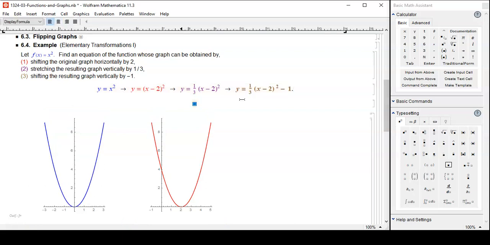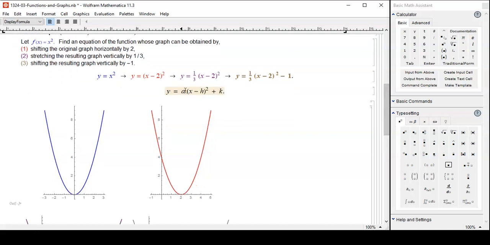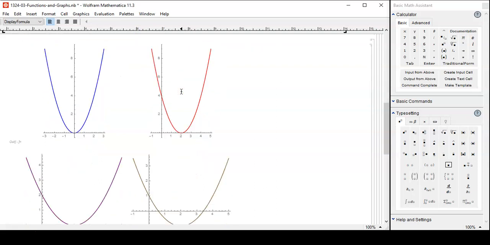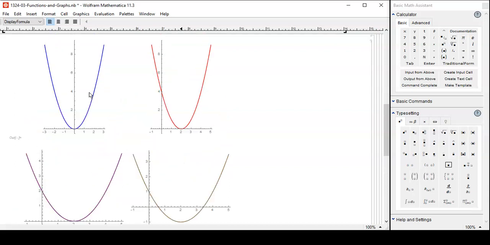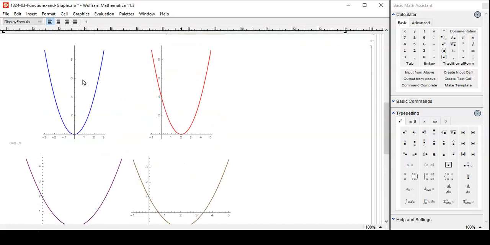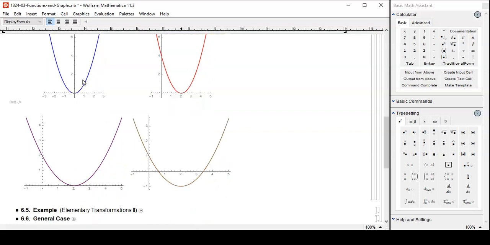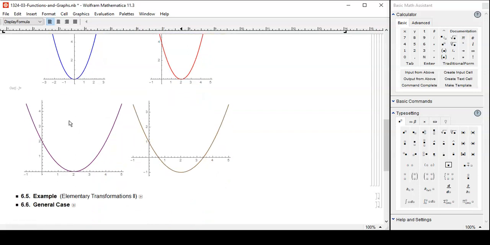In the end, what do we have? We have the y equals a times x minus h squared plus k form. And then a is associated to the shape of this parabola, this 1/3, from the original shape, vertically compressed by a factor of 3, factor of 1/3.